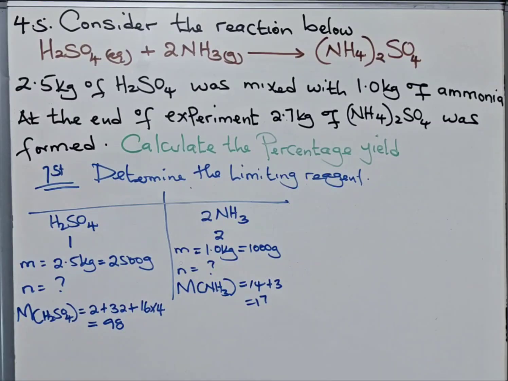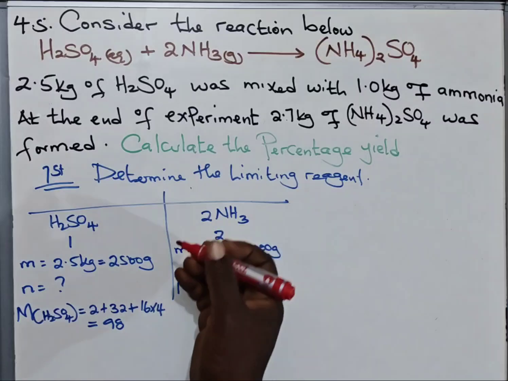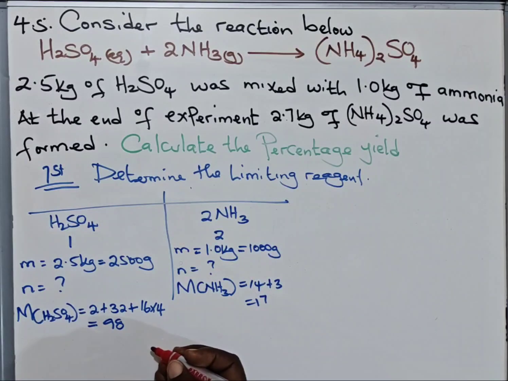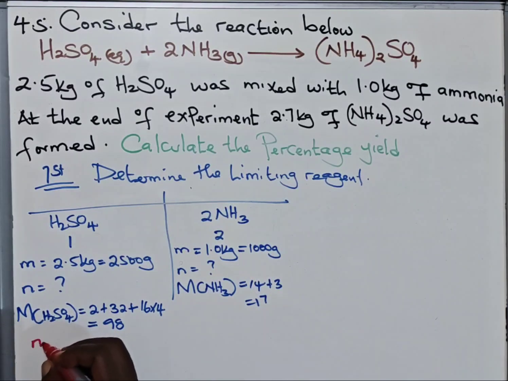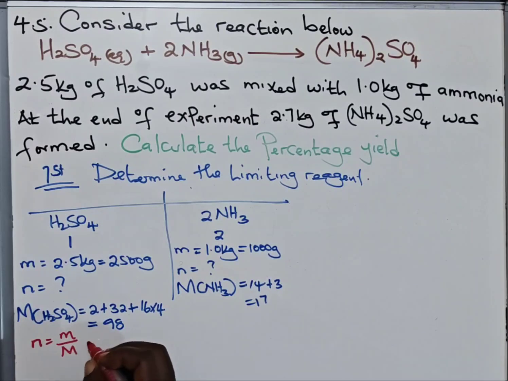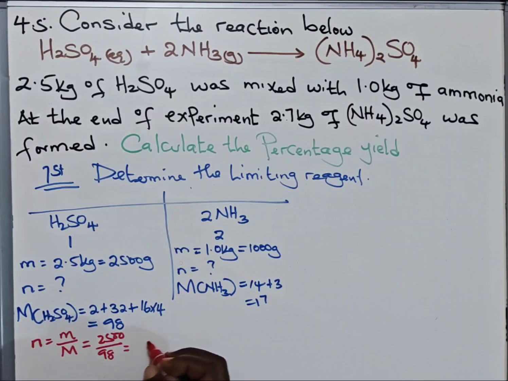So the data we have is enough to make us calculate number of moles from the equation which says N is equal to M over molar mass. So when you substitute for M, you are going to say 2,500 over 98. What you get here is going to be the number of moles. Yeah, this is what we have: 25.51 moles.